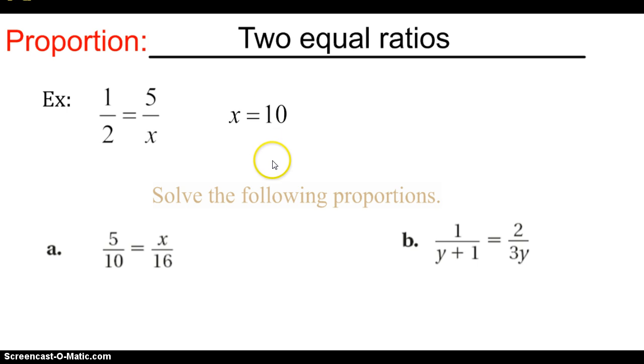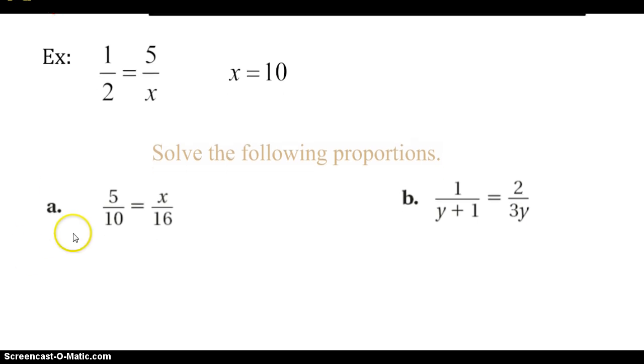You should have realized the answer is 10. Now, if I look at example A, I'm saying 5/10. What does that simplify to? A half. What number over 16 is also a half? 8. So if you can do that, great. That's a proportion. It's two equal ratios.